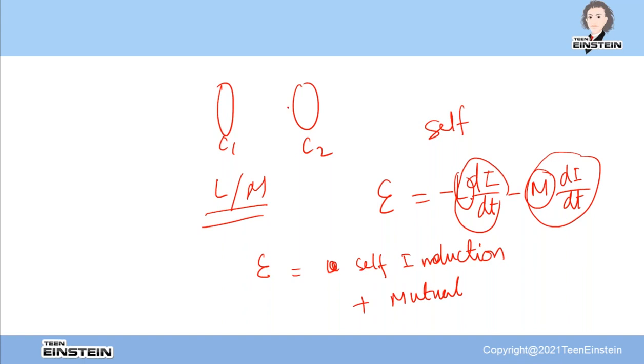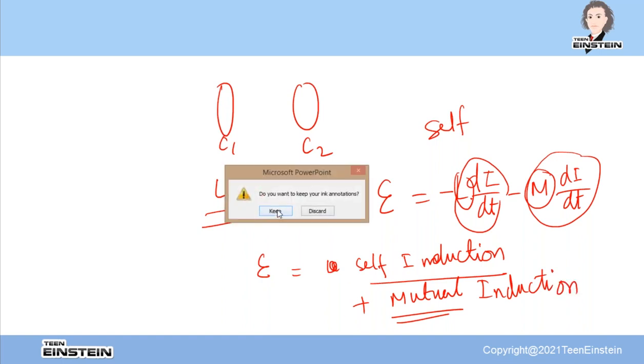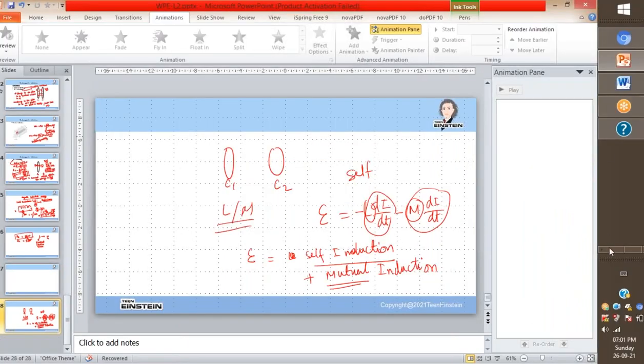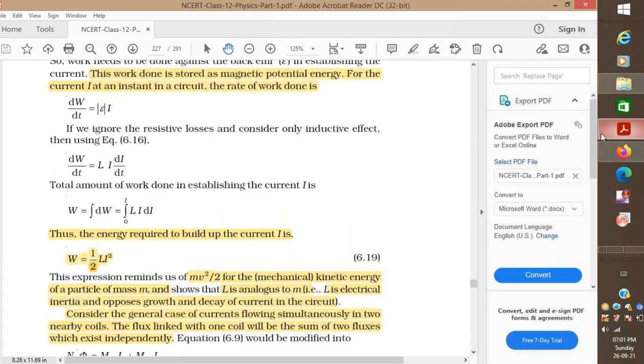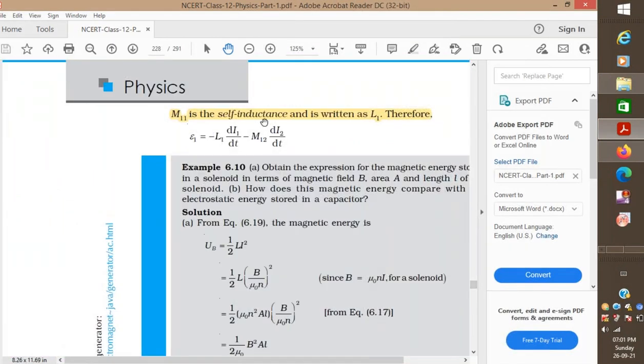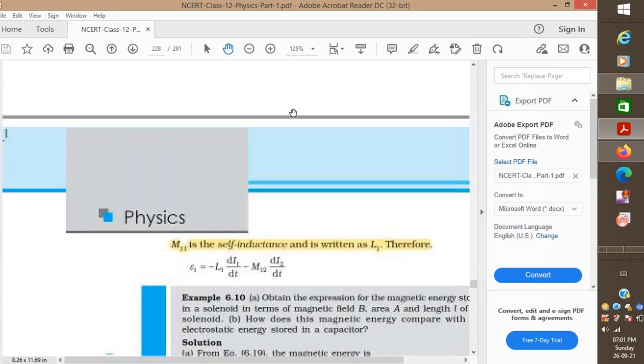When you are given two coils and asked to calculate the induced EMF in one due to the current in the other, you have to remember to take both mutual induction and self induction. Both the things you have to write. Look here in your book. Yes, this is what you have to write.